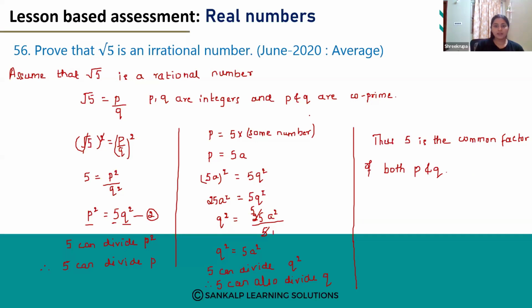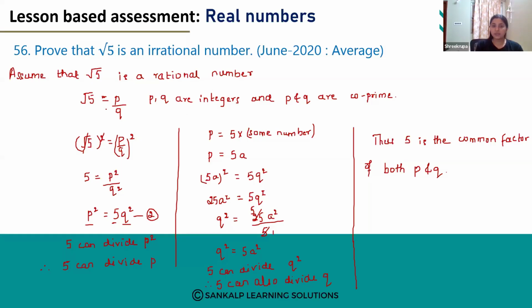But we have assumed root 5 a rational number and it is expressed in the form of P by Q where P and Q are co-prime. The numbers are said to be co-prime if they have 1 as their common factor. Only 1 can be their common factor. But here we got 5 as the common factor of P and Q, which clearly indicates that both P and Q are not co-prime.